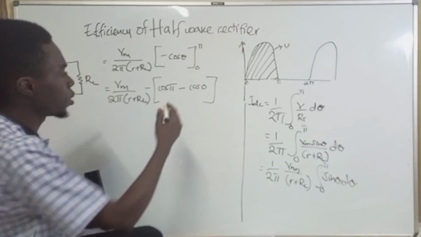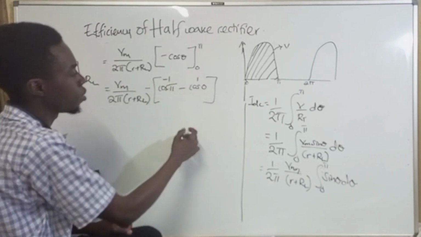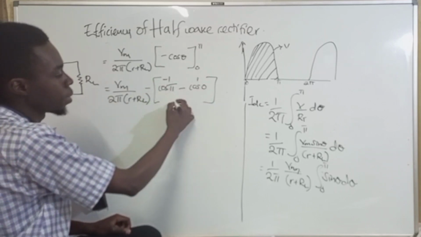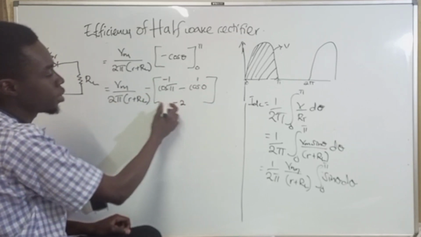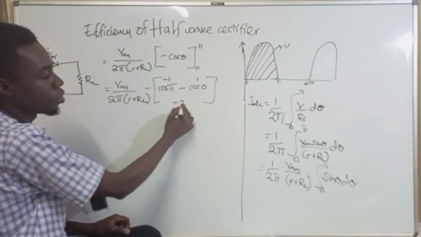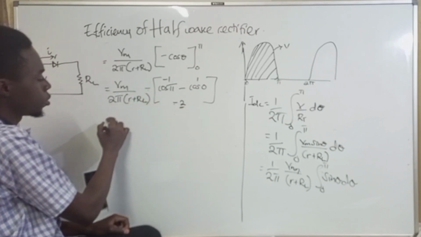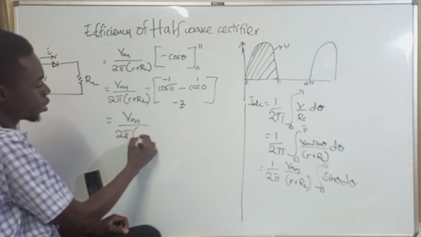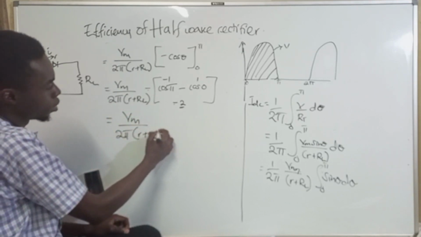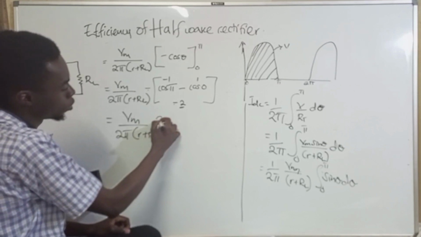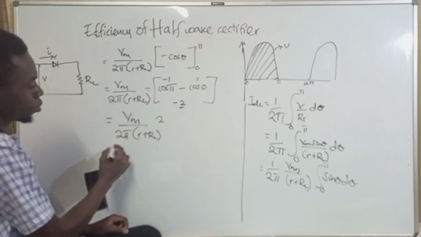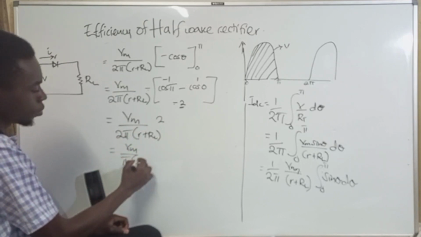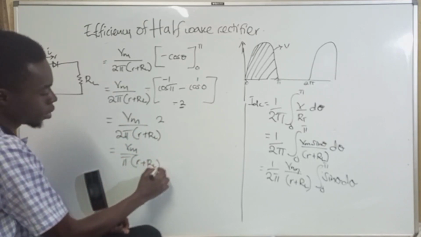So here I have a negative 1 and here I have a 1, so negative 1 and negative 1 become negative 2, and this negative will cancel to become a positive. I will remain with Vm over 2 pi into R plus RL times 2. So these 2 and these 2 cancel, and I will have Vm over pi into R plus RL.